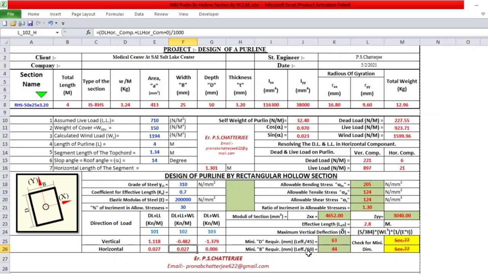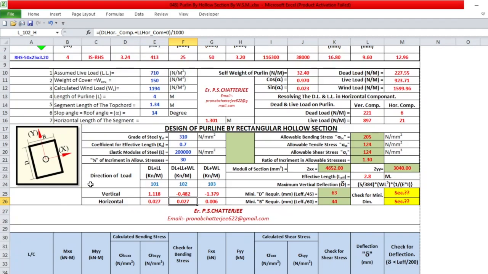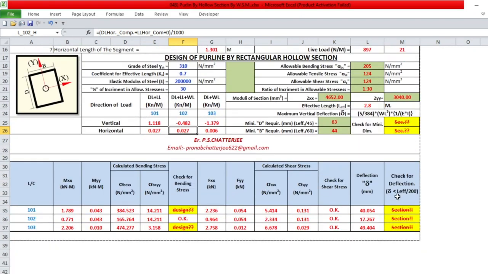Effective length divided by 60 is equal to width of the purlin. Here we have chosen a T25 3.2 rectangular hollow section, which is not satisfying any of this.